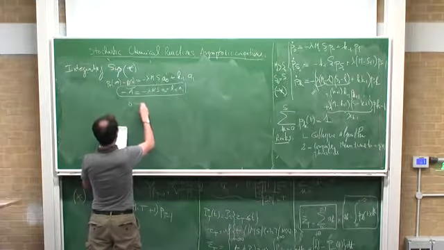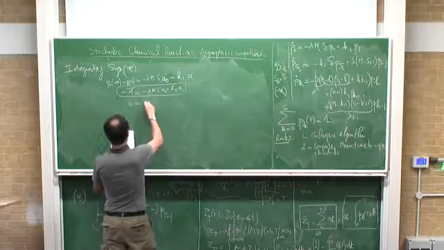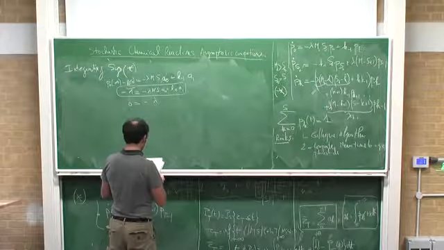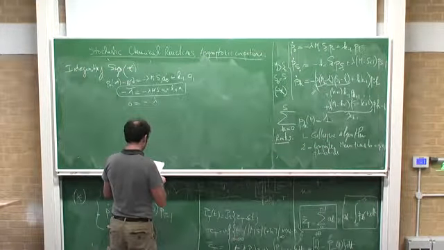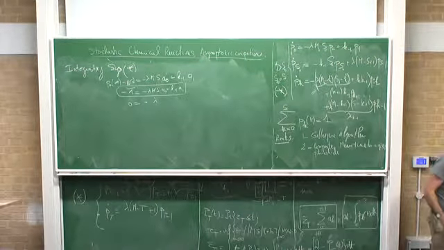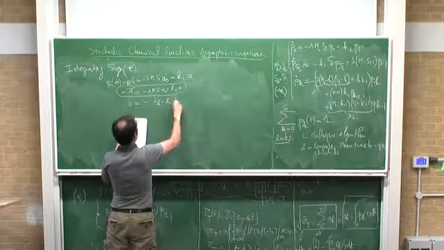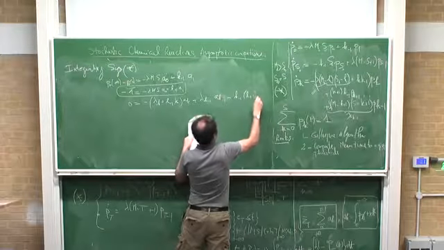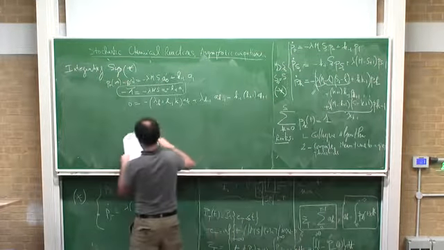Right, so we get 0 equals minus lambda k plus k minus 1 k, ak plus lambda k minus 1 ak minus 1 plus k minus 1 k plus 1 ak plus 1. So this is just what we've written here.